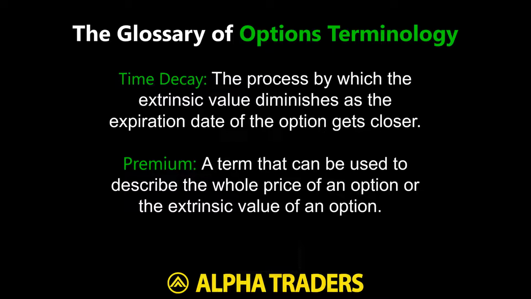All right, now premium. This is a term that can be used to describe the whole price of an option or the extrinsic value of an option. So essentially, your premium, going back to one of our history lessons when we talked about the brief history of options and sales, extrinsic value, this is the premium that he charged for the olive presses.